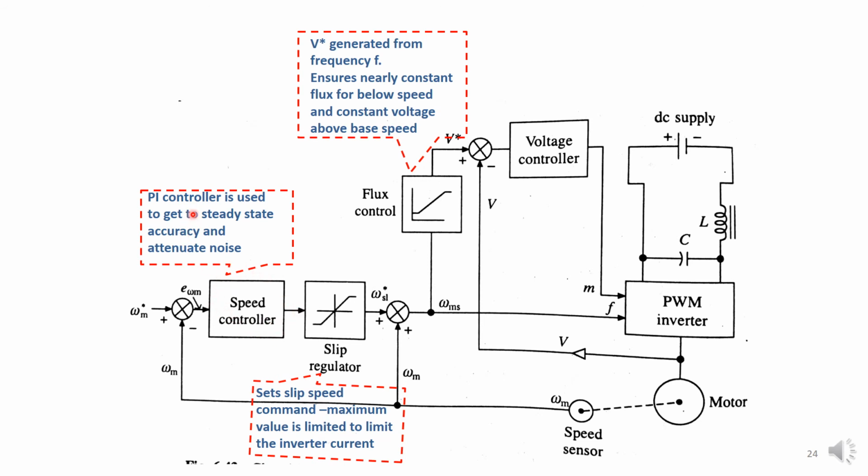And this speed controller, basically this PI controller, is used to get a steady state accuracy and attenuate noise. Then we have a slip regulator. This slip regulator sets a slip speed command omega sl star, whose maximum value is limited to limit the inverter current.